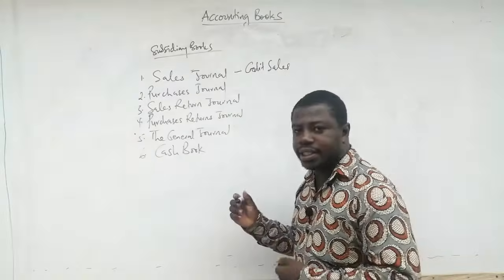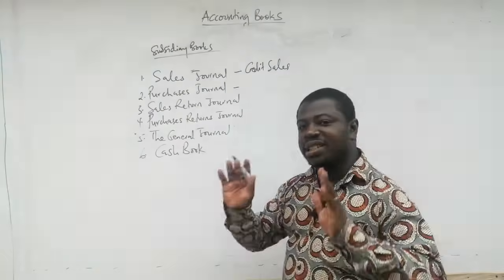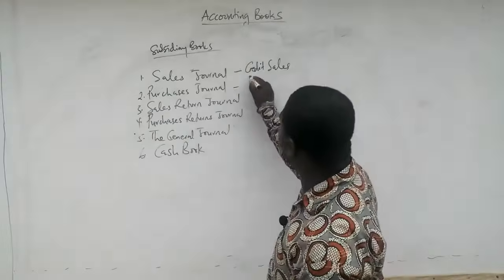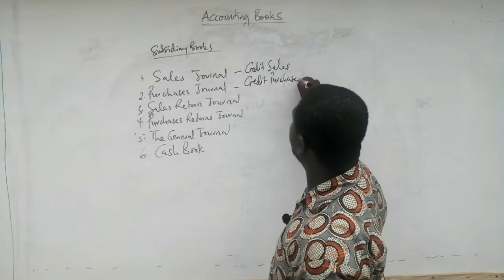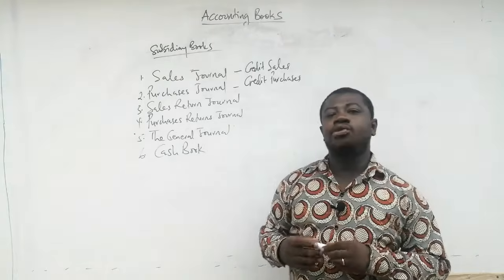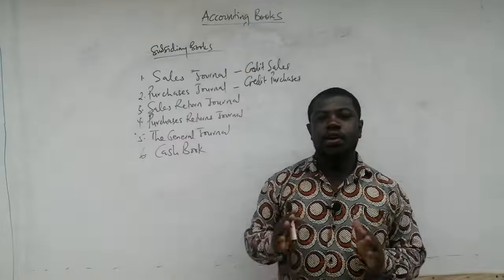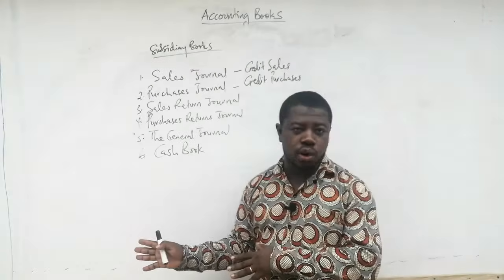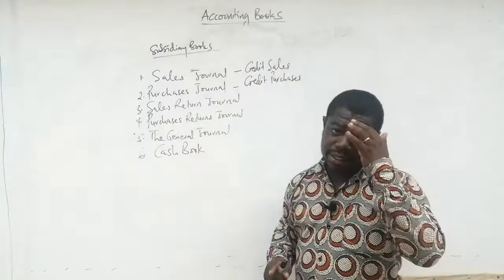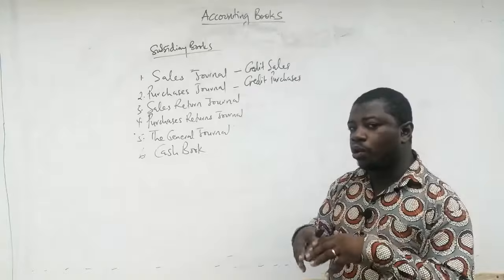Then we go to the purchases journal. The purchases journal is specially made for credit purchases. I'm sure by now we understand the concept of sales and purchases: sales refers to the disposal of stock, and purchases refers to goods that are bought for resale.